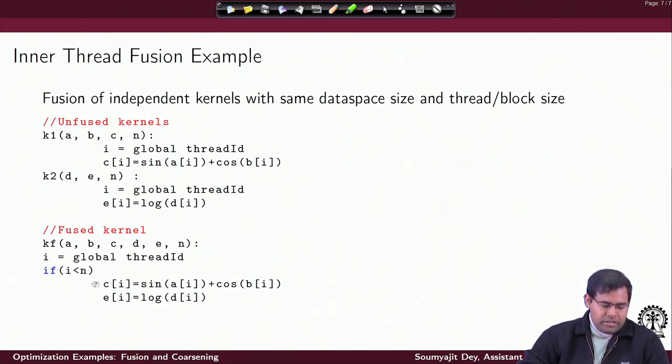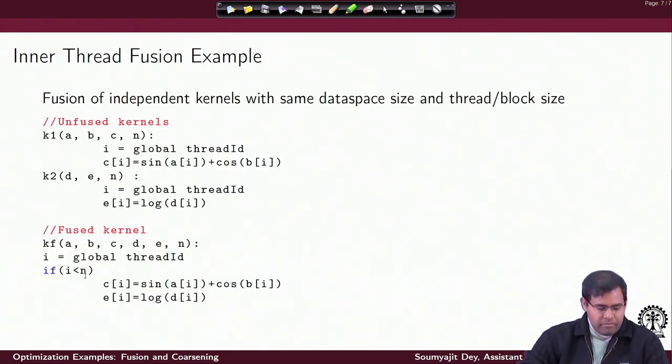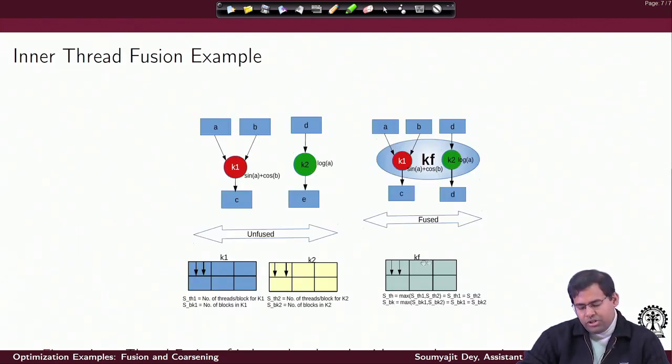If i is less than n, then I have the sequence of values, so the program automatically takes care of the situation, since I have considered the larger number of blocks in my definition of Kf.